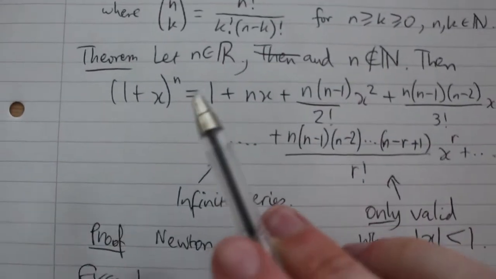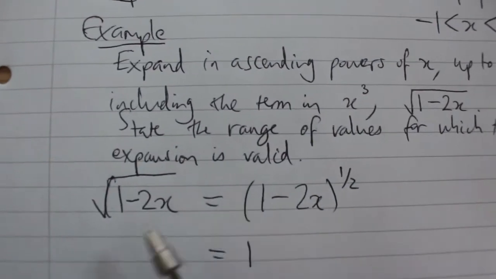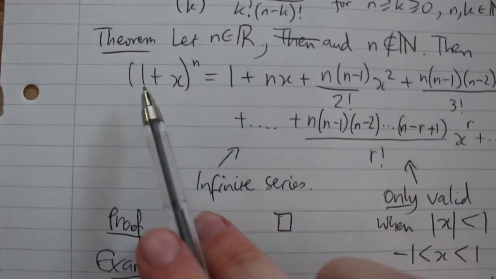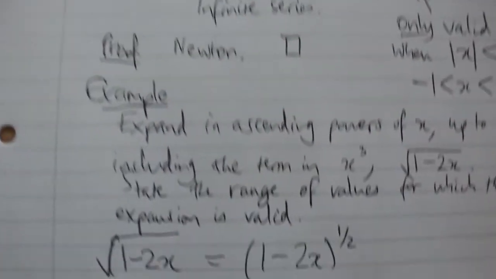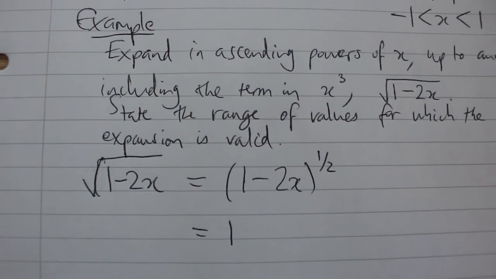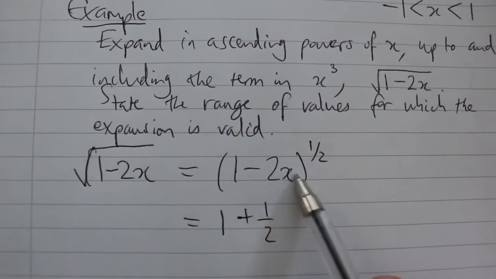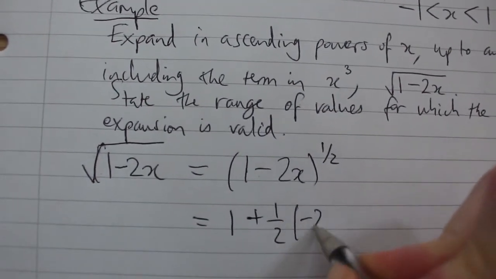So the first term is 1. And it is really important that we have a 1 here. This is not going to work if you don't have a 1 here. So we'll see later how to deal with that. The next term is nx. n is the power, so that's a half times the x, which is actually for us minus 2x.